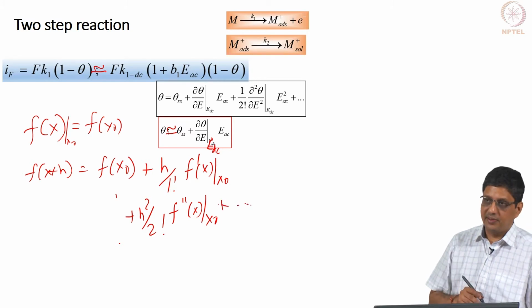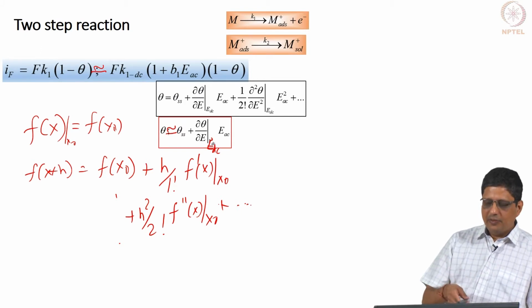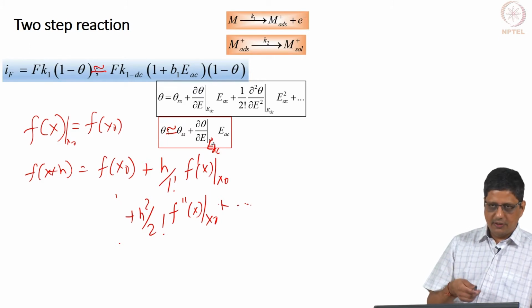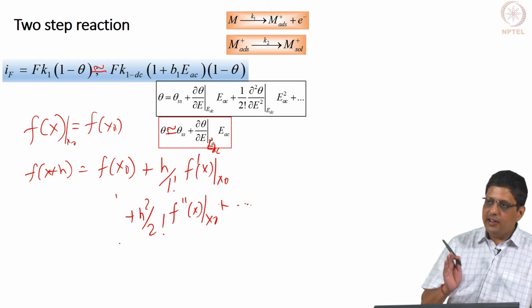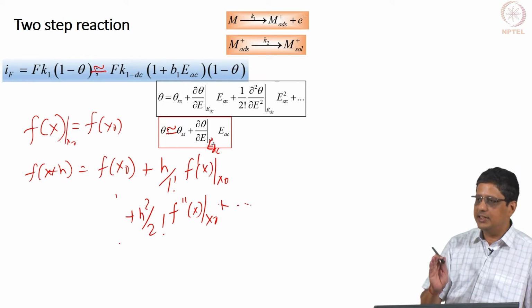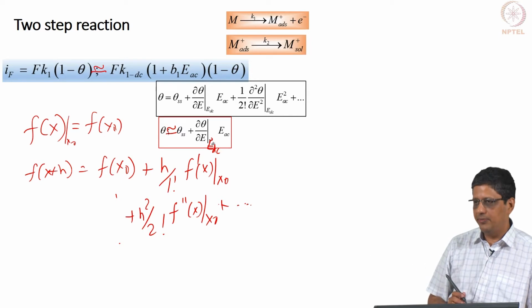We have to find that. I have not yet come to that. So, that is the next step. What we do here is to say, I want to write the current in terms of AC and DC components. In order to do that, I have to write any variable as Taylor series, truncate after the first term here, meaning EAC is significant, but EAC square and cube and so on are negligible.